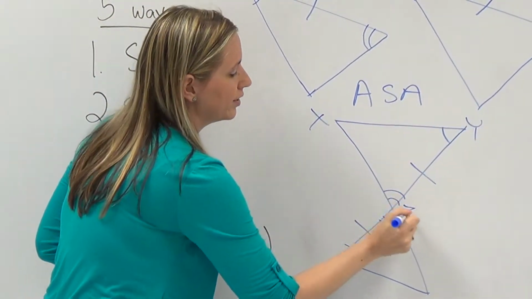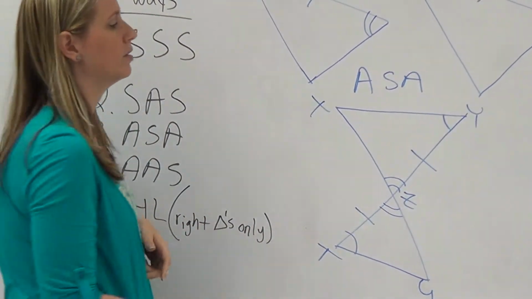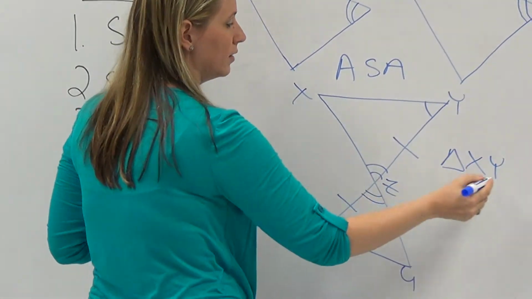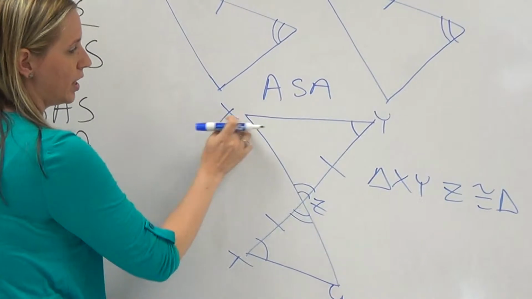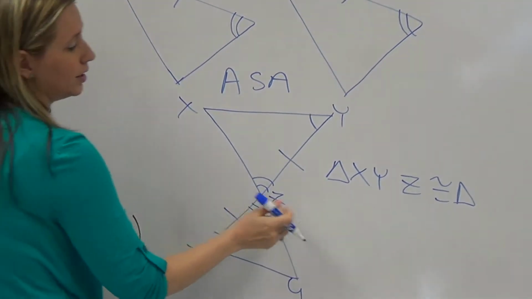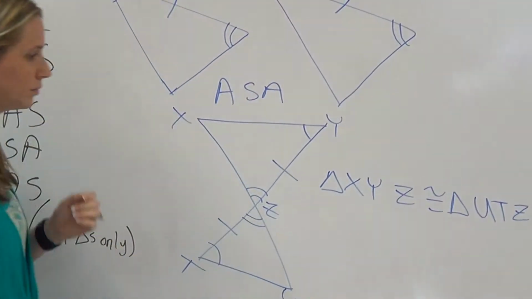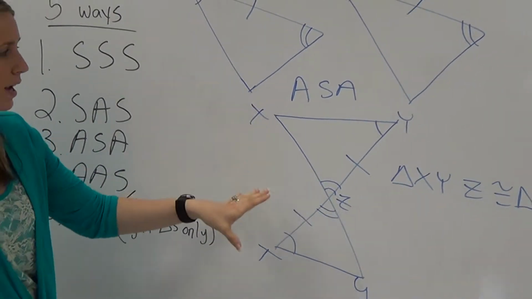And then if I put some letters on here, I can do my triangle congruent statement. So if we do triangle X, Y, Z, it's congruent to triangle, if we do X, Y, Z, we have to do U, T, Z. So that's how that works. So that's angle, side, angle.